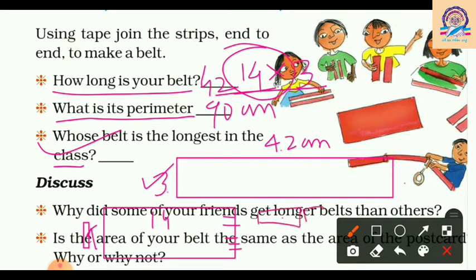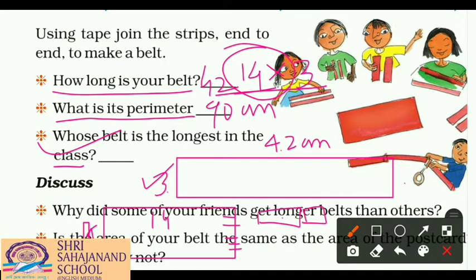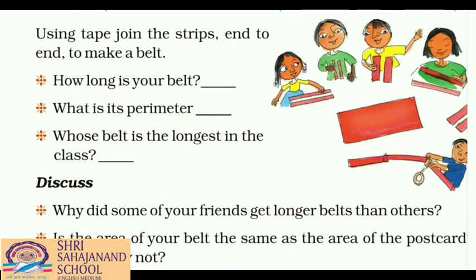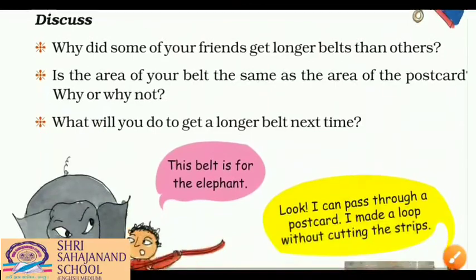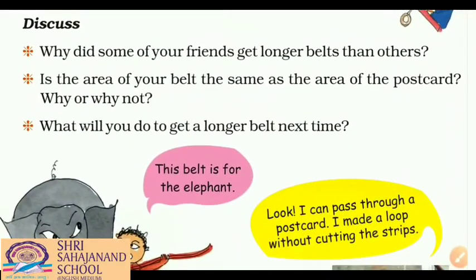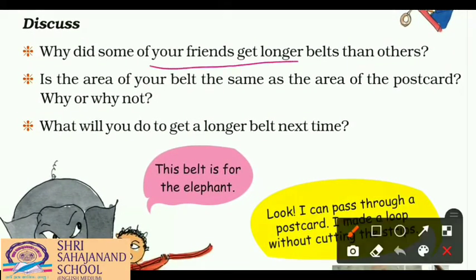So the length of their belt will be even longer than ours. Now discuss, why did some of your friends get longer belts than others? I have already answered it. We can say that because they divided the width of the sheet into smaller lengths. They can use 1 centimeter or others.